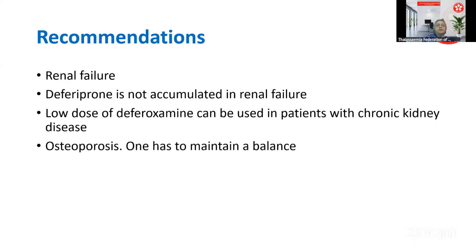Like I said, if a patient comes to you in heart failure, your first priority should be deferiprone, or if your patient is very bad, then combined intravenous desferrioxamine and deferiprone. Like that, when a patient comes to you in renal failure, deferiprone is the only drug which is not accumulated in renal failure, and you can use it.